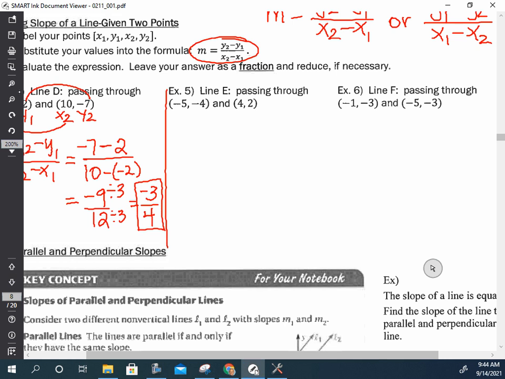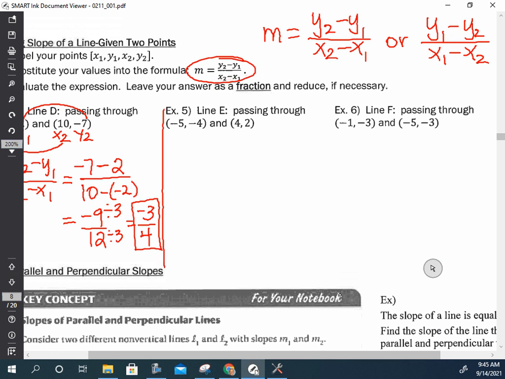So example 2, give myself a little bit more room here. Same rules apply. Label your points. Again, labeling may not be necessary depending on how strong you are with the concept. Same setup. y2 minus y1, so 2 minus -4, divided by x2 minus x1, 4 minus -5.